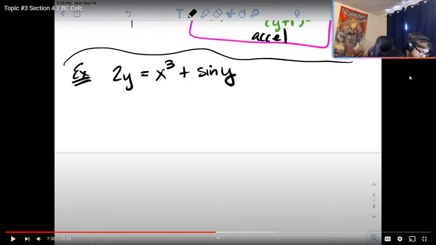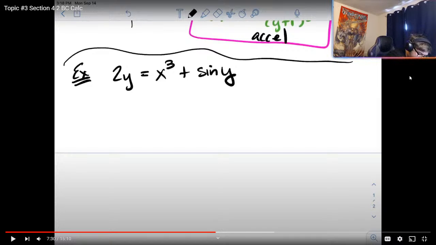2y is equal to x cubed plus sine of y, which proves a chain rule because of sine of y. So the derivative of 2y would be 2 dy over dx. Is equal to 3x squared plus cosine of y times dy over dx.